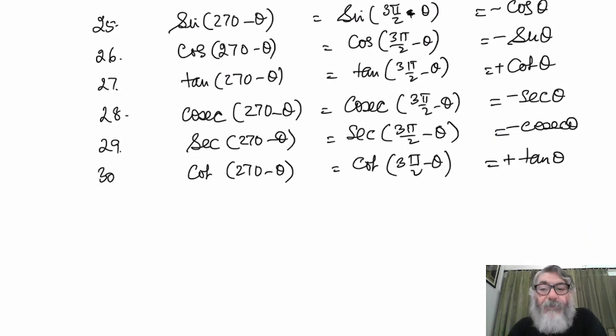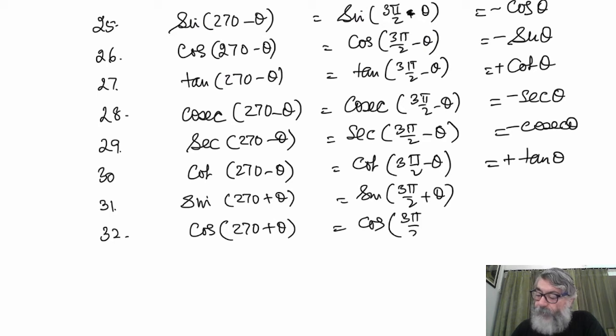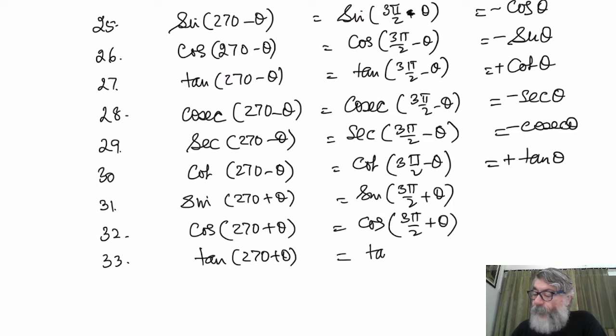Now we will do 270 plus theta, like 31. Sine 270 plus theta, sine 3 pi by 2 plus theta, cos 270 plus theta, cos 3 pi by 2 plus theta, tan 270 plus theta, and this will become tan 3 pi by 2 plus theta.